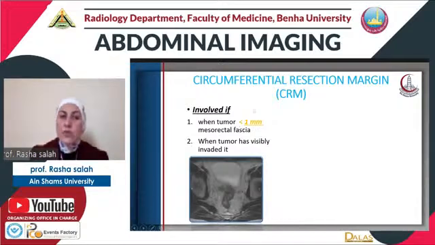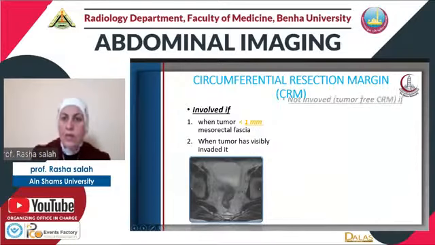Also, the margin is violated if the perirectal lymph nodes are violating the mesorectal fascia. So it is involved when the tumor or the lymph nodes are seen at a distance less than 1 millimeter from the mesorectal fascia.